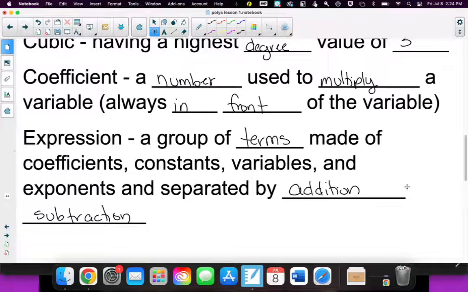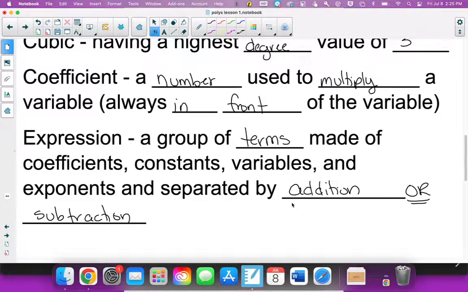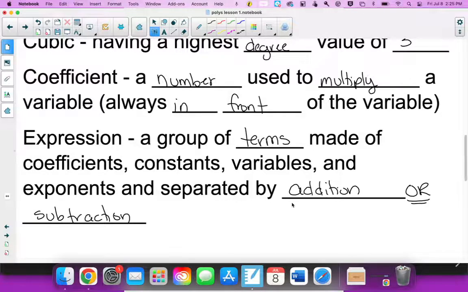Okay, only. Those are the only two things that they can be separated by to be considered separate terms. Right, so if I'm talking about a binomial, something that has two terms, then I'm going to have two sets of coefficients and constants and all that separated by an addition or a subtraction symbol.